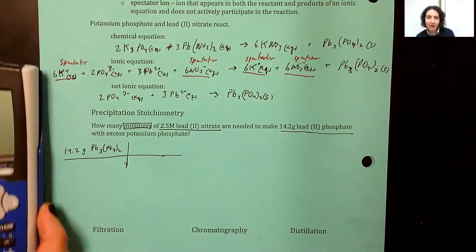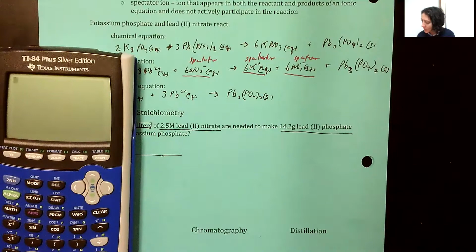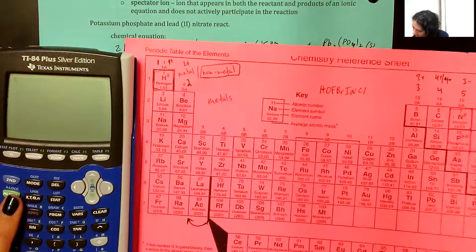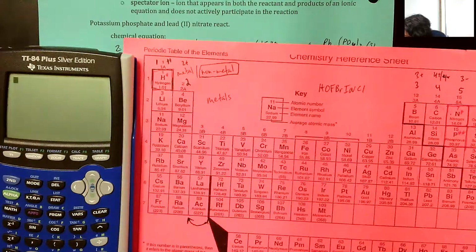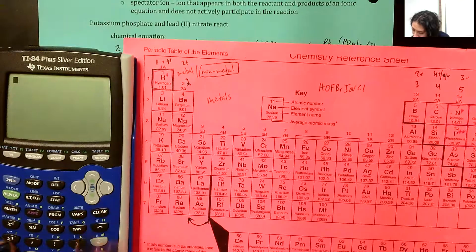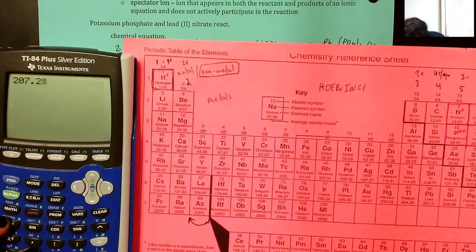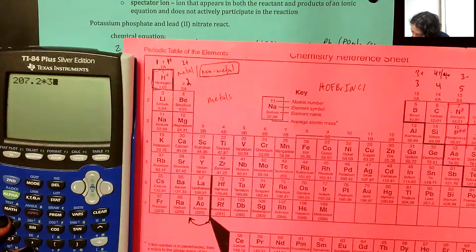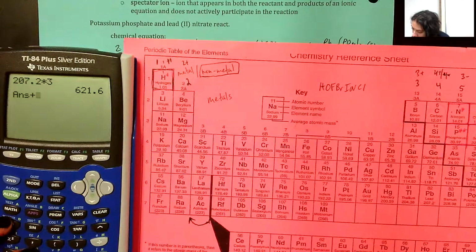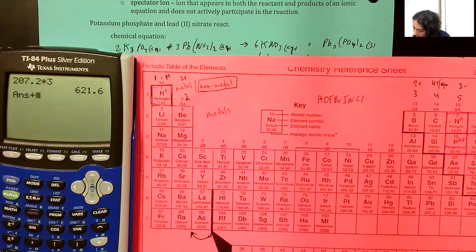And I did not calculate this ahead of time, which I probably should have, but it's okay. We'll do it together. Okay, so lead phosphate is going to be 3 leads. Lead is very heavy. It's 207.2 times 3. And we're also going to need to add on 2 phosphoruses.